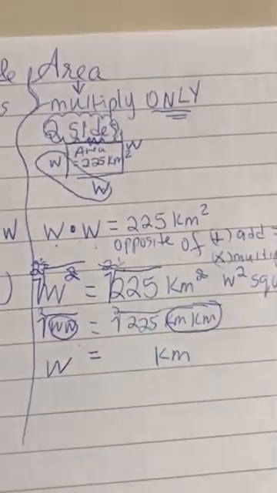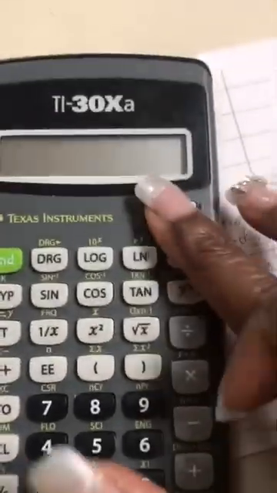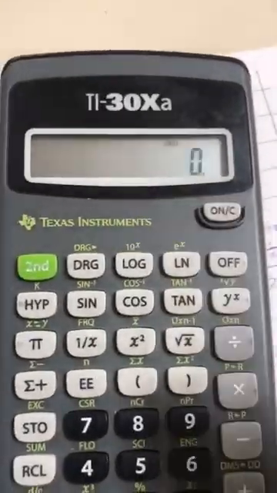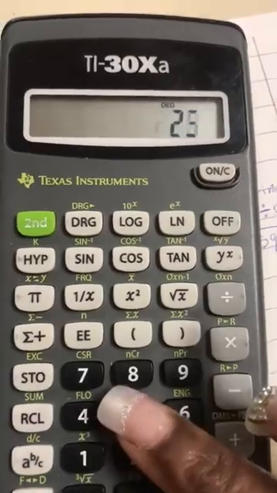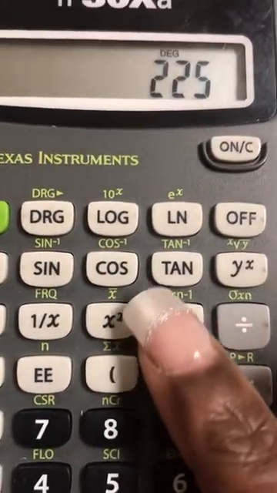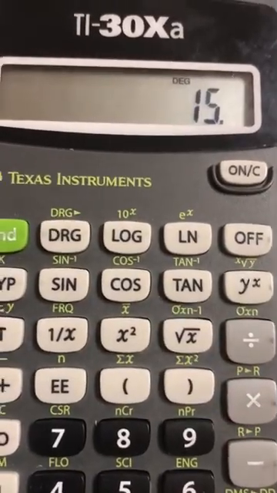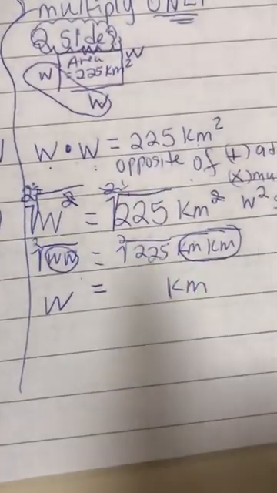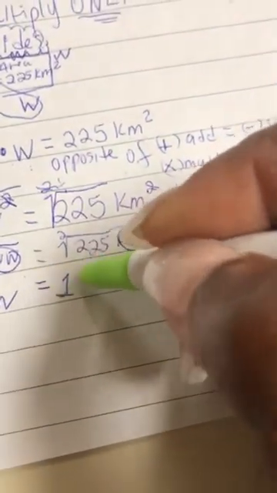The square root of 225. You can take your calculator in order to do the square root of 225. So here I'm going to hit clear, and I'm going to hit 225, and on this calculator, this is the square root. I'm going to take the square root of it, and it's 15. So the square root of 225 is 15.